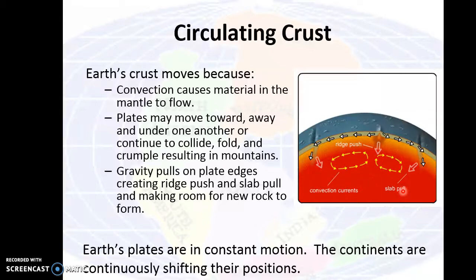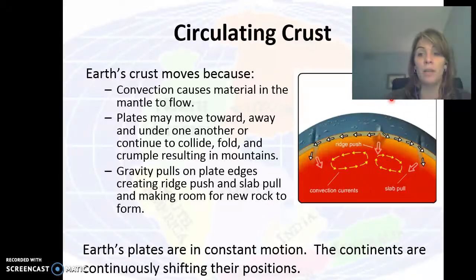Plates may move toward, away, and under one another, or continue to collide, fold, and crumble, resulting in mountains. Gravity pulls on plate edges, creating ridge push and slab pull, and making room for new rock to form. Earth's plates are in constant motion. The continents are constantly shifting their positions.